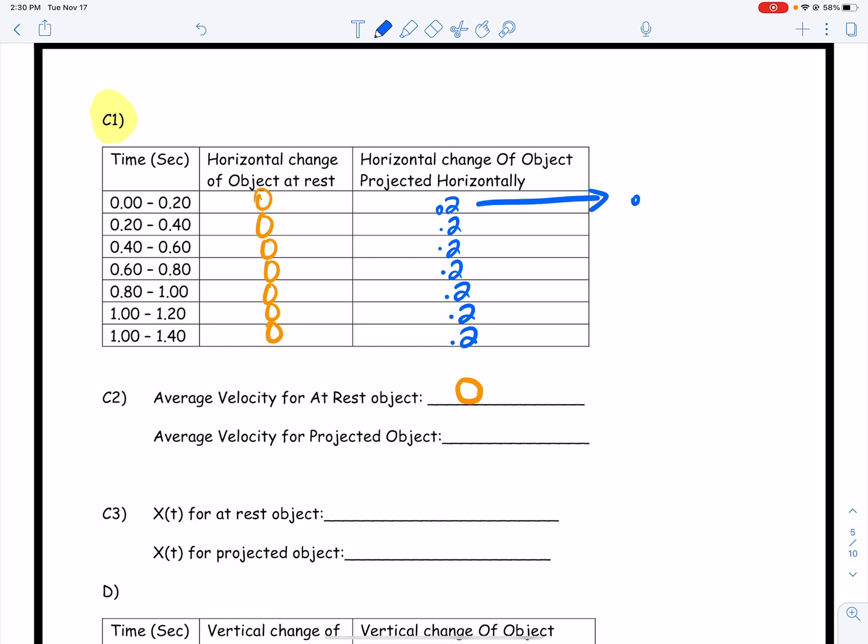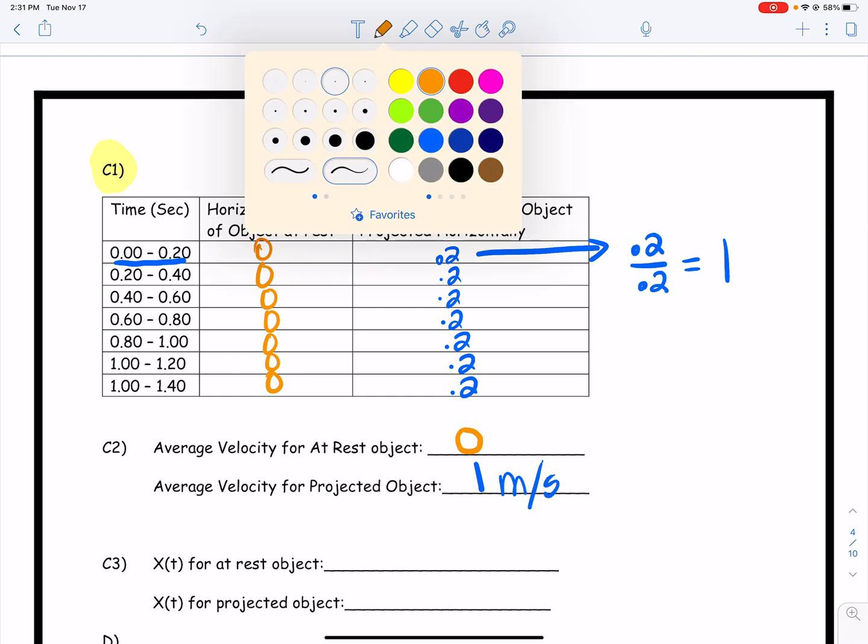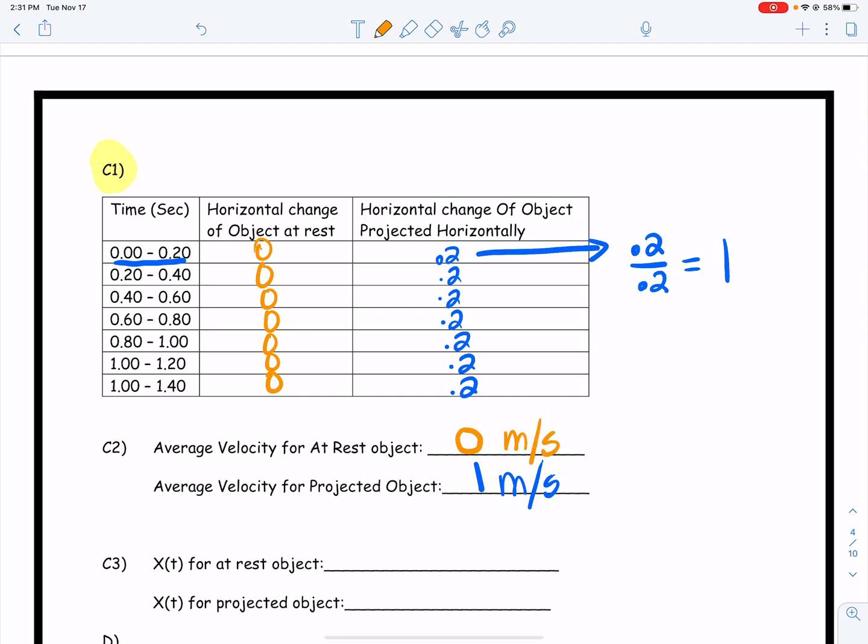So my change in position would be 0.2 divided by my change in time, which is also 0.2. So isn't my answer to this 1? So my average velocity for whatever was projected is 1 meter per second. I believe these are meters per second. So this is 1 meter per second, and this one is 0 meters per second.